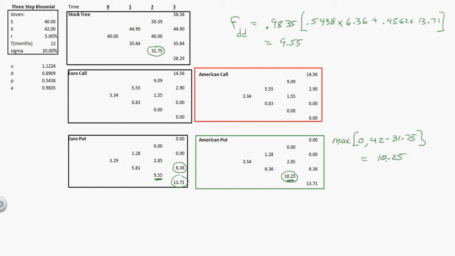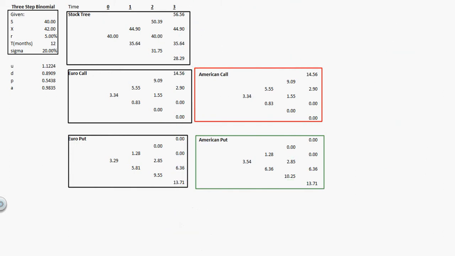So your choice is either to play the game and hope it goes down and it's worth 13.71, but maybe it goes up and it's worth 6.36. Playing that game, taking that chance, is worth 9.55. But you could immediately stop the game, immediately exercise the option and get $10.25. Obviously you want more money, so you're going to go with the $10.25.